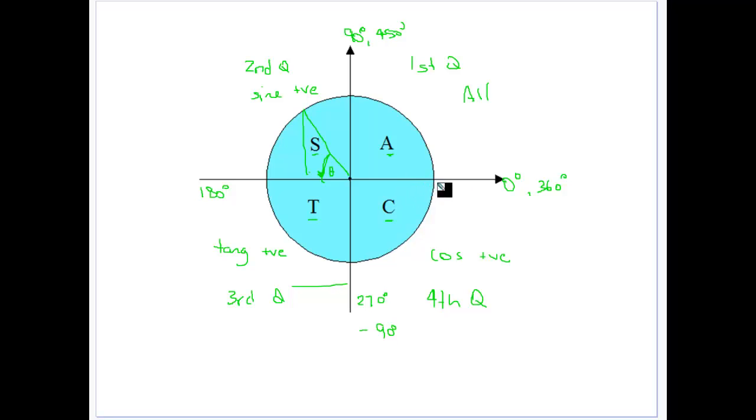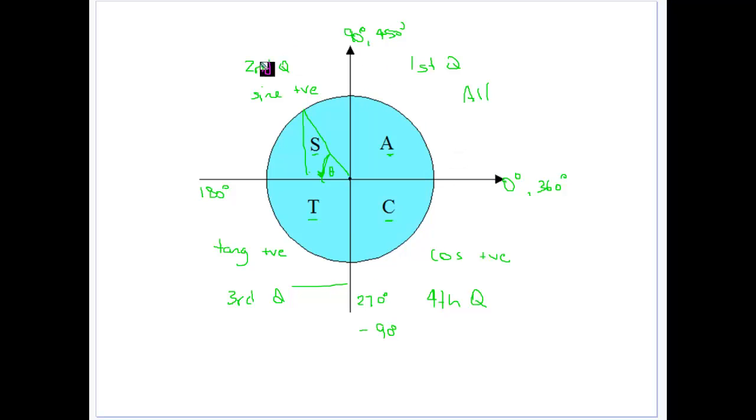But realize as well that our circle doesn't stop at 360. It can keep going. We can go up to 450, and then 360 plus 180 would give me 540. We can keep going around to 720 and do 2 revolutions or 3 revolutions.